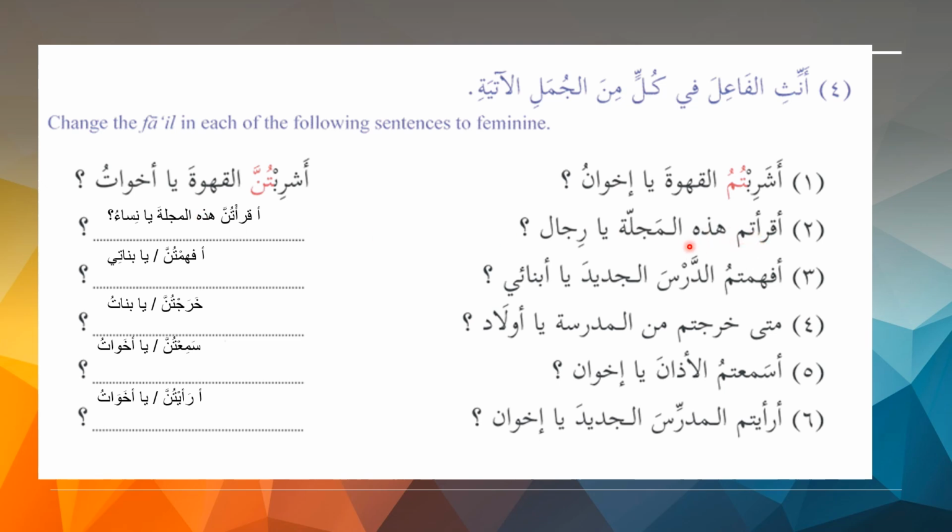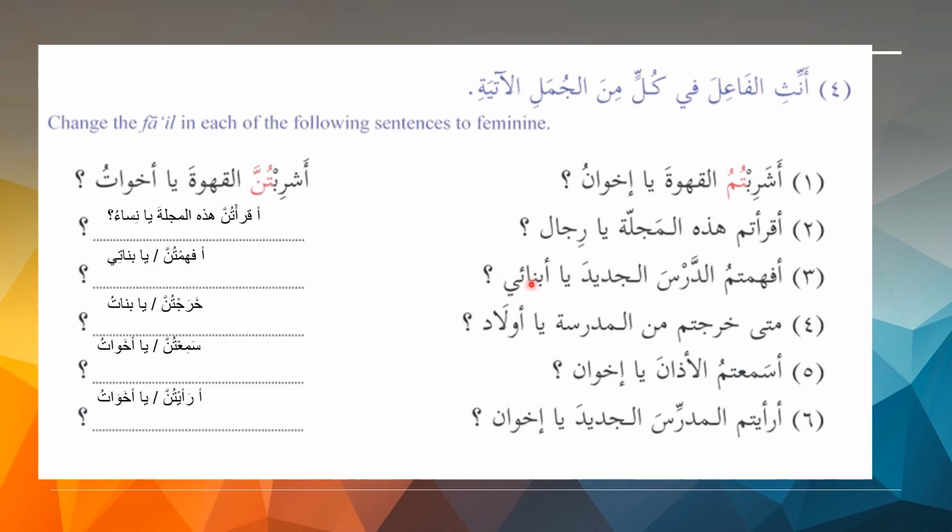أقرأتم هذه المجلة يا رجال؟ So this is related to قرأتم. So the moment you change, أقرأتن هذه المجلة يا نساء. So the opposite of رجال is نساء. أفهمتم الدرس الجديد يا أبنائي, my sons? أفهمتن, I have not written the whole sentence, but you can say أفهمتن الدرس الجديد يا بناتي.